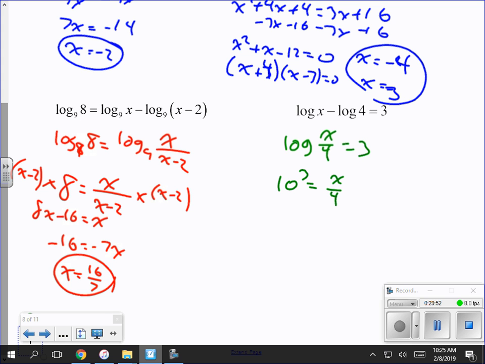What's 10 cubed? 1,000. What's 1,000 times 4? 4,000. So x equals 4,000. You can't cancel the logs on both sides. You don't have logs on both sides. And it has to be a logarithm of something, and only that.